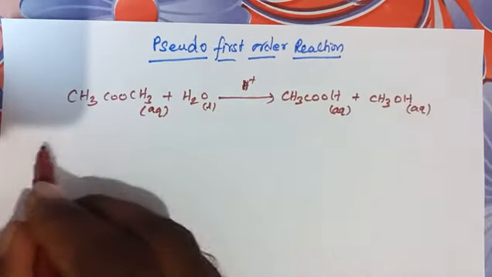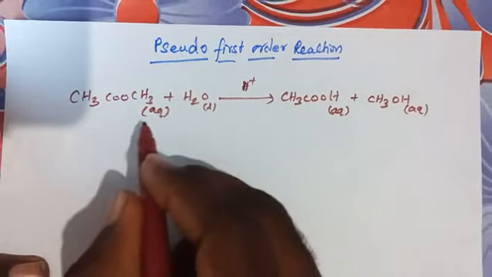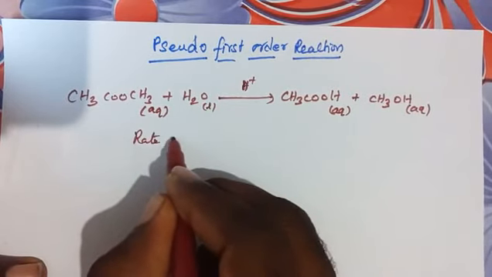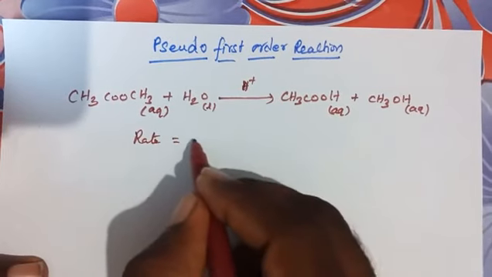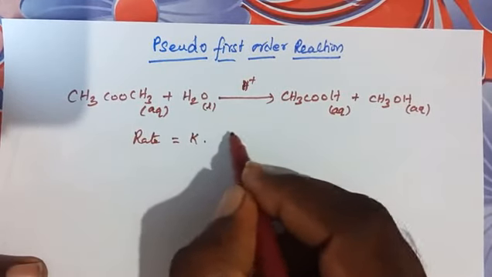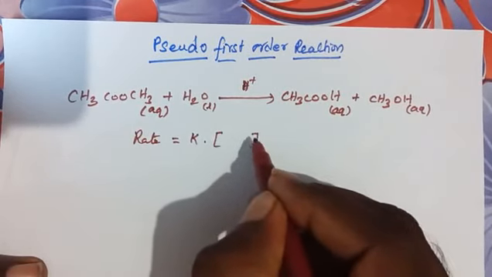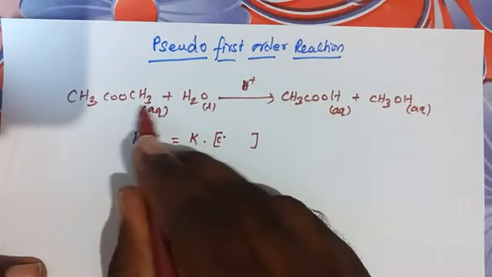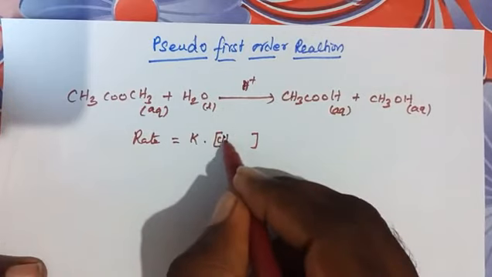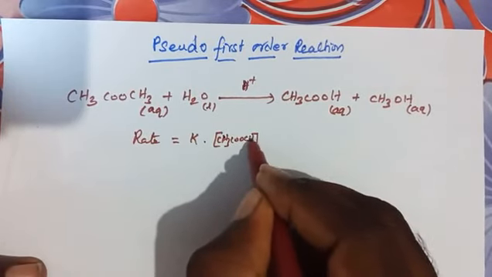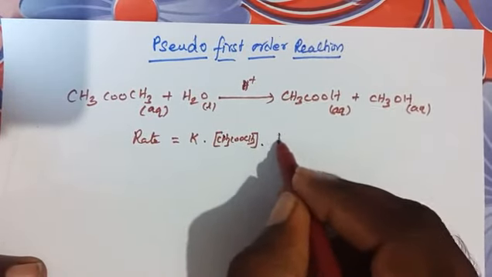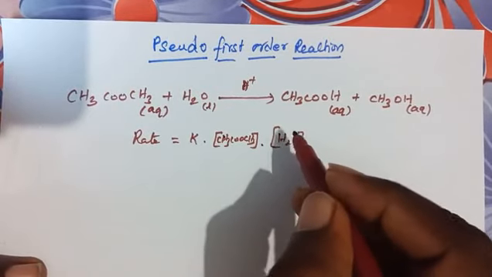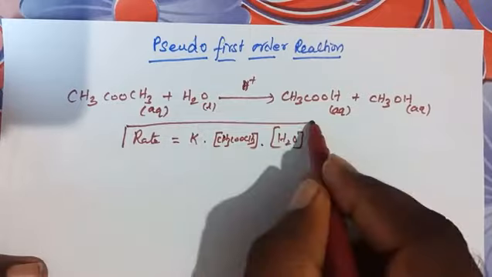From this reaction we can write the rate on the basis of rate law. Rate of the above reaction is defined as the product of rate constant and the concentration of the reactants, that means ester concentration and water concentration, CH3COOCH3 and H2O concentration. This is a generalized rate determination according to rate law.